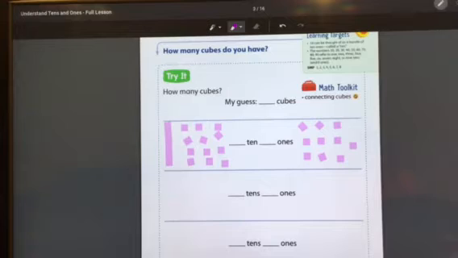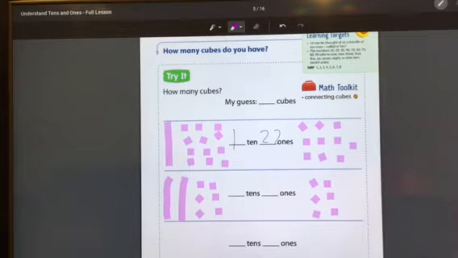So then on the line here, have the child draw 1 ten and 22 ones. Another way down here to show the same number of cubes is to draw 2 tens and 12 ones, and then write that on the line: 2 tens and 12 ones.